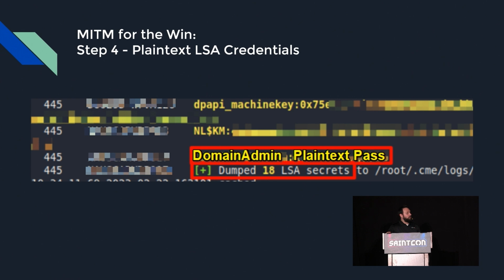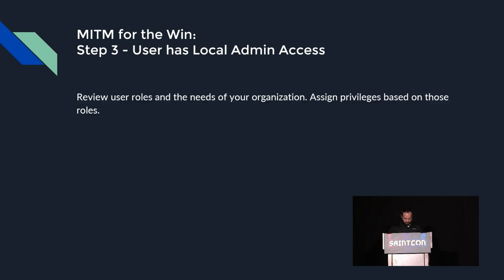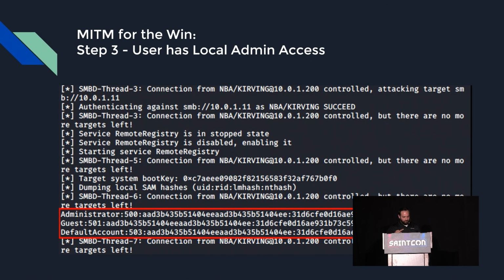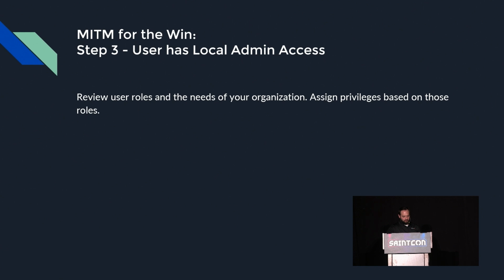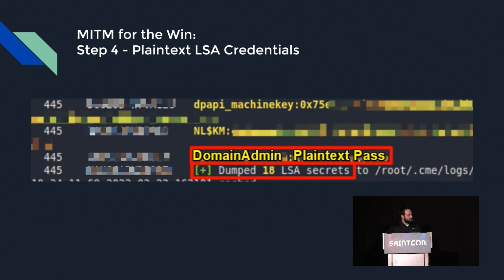So once I do that, as you saw before on this one, great, administrator hash there for the local admin. I can take that, and more often than not, also on this one, see, this is why I don't look at my notes, because I know more than my notes.